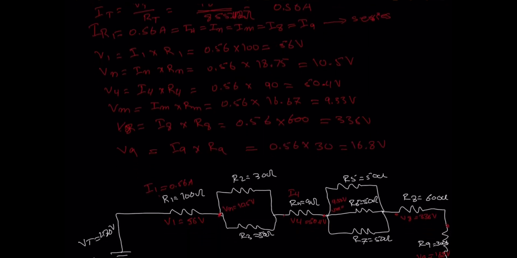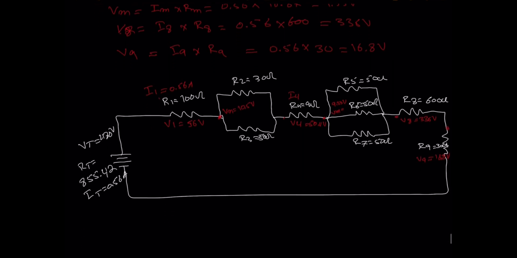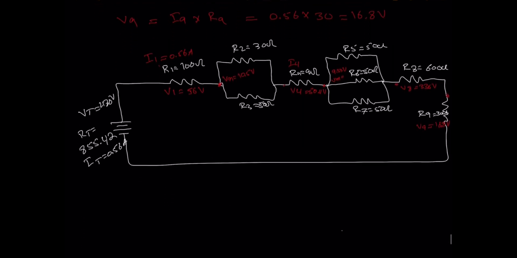The only thing we don't have is I2, I3, I5, I6, and I7, because we have a collective current, not the individual current. We will find them too. Let's go.